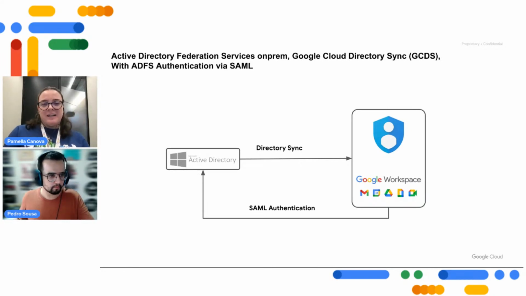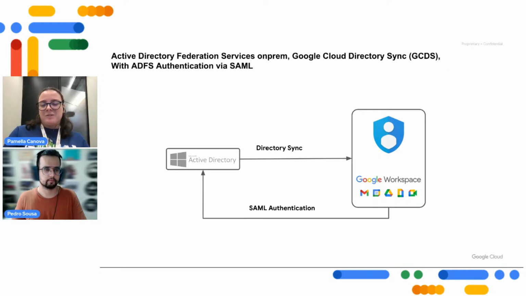There is an option that when you have ADFS on-prem, then you can use directory sync to sync your directory and use SAML for authentication. That's a good feature if we can use SAML and have more power on what we want to sync, like attributes.